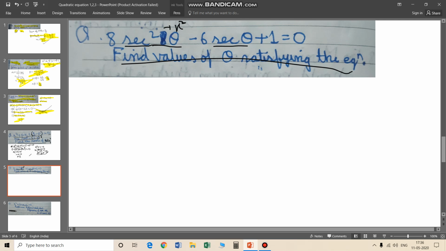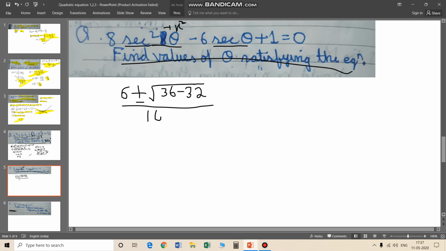I'm directly using Sridharacharya. It says minus b, which is 6, plus minus root of b squared, which is 36, minus 4 into 8, which is 32, minus 32. The proof of the Sridharacharya method is a very important proof, not for competitive exams, but for school learning.